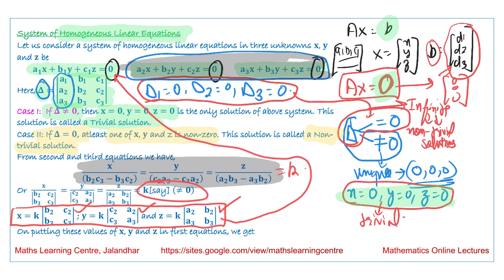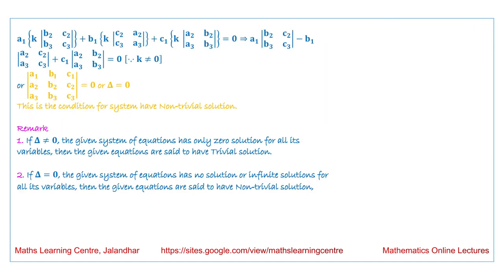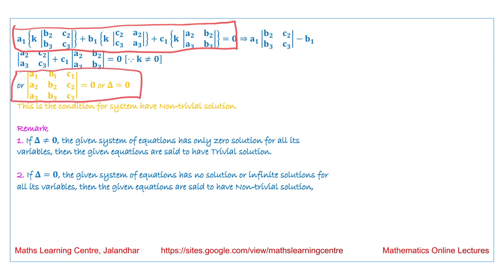So these values should satisfy the first equation. We substitute these values in the equation a1x plus b1y plus c1z is equal to 0. When we substitute these values in this equation, we obtain that delta is equal to 0, or the determinant of a1 b1 c1, a2 b2 c2 and a3 b3 c3 is 0, and this is the case of non-trivial solution.